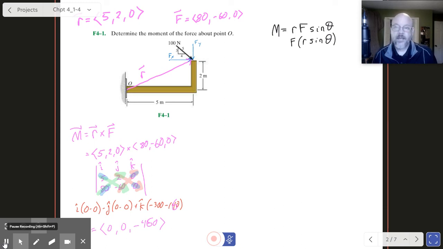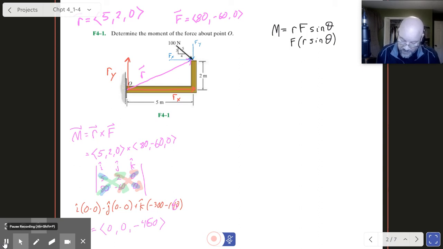Now let's take a look at R, and let's try to do something similar with R. So in other words, I've got an Rx here. There's Rx. And I've got an Ry, which I can put here. Just like that. Now, what's the line of action of Fx?